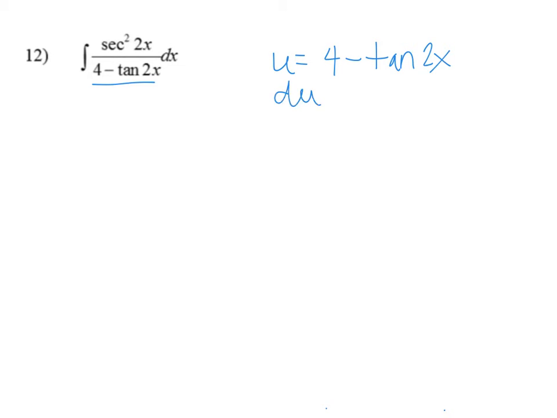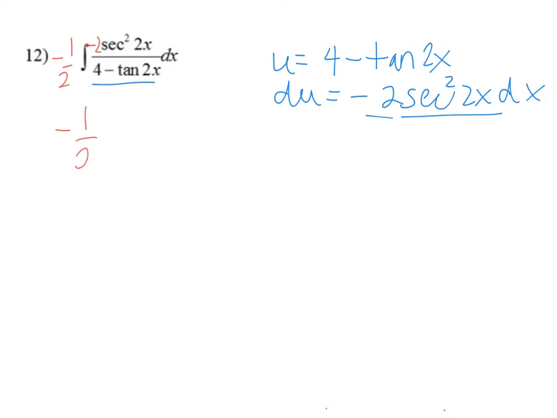Okay, and then if I take the derivative, 4 is 0. The negative tangent 2x is negative secant squared 2x times 2 dx. So I know I have that in the numerator. I just need a negative 2. So if I add a negative 2 on the inside, I have to add a negative 1/2.